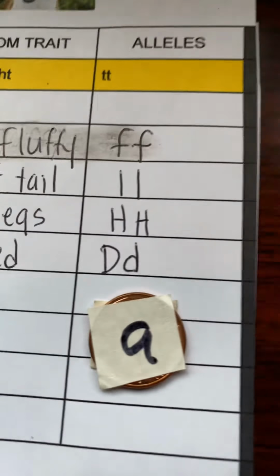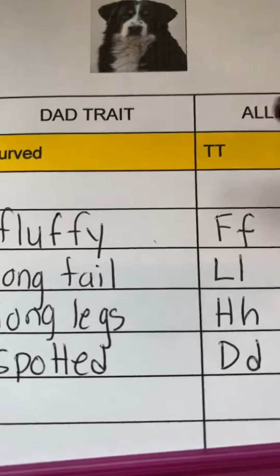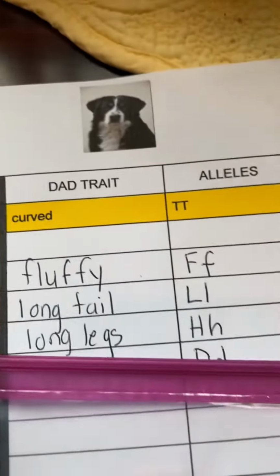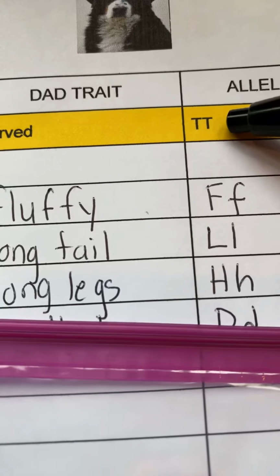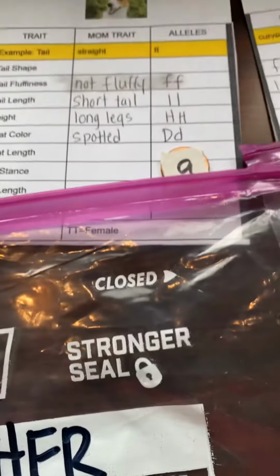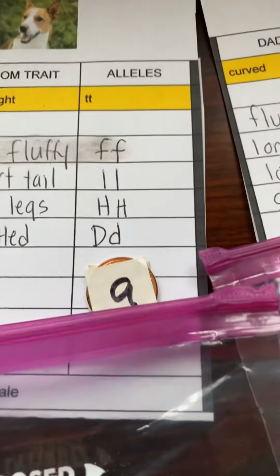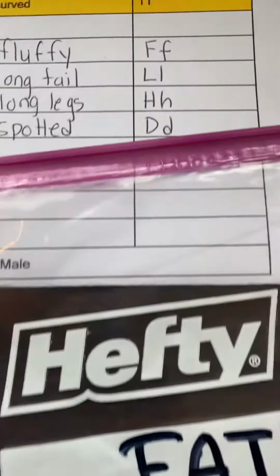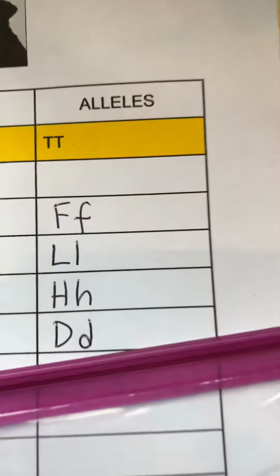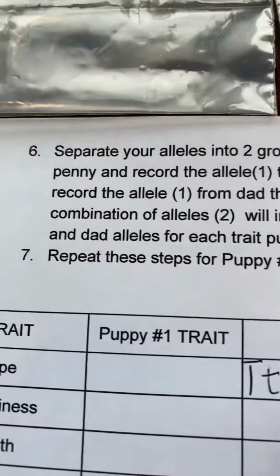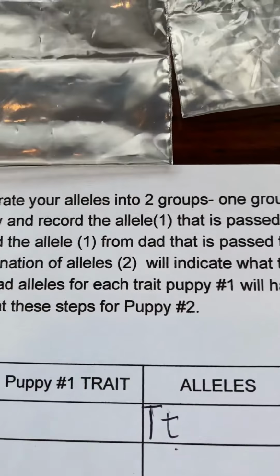So let's see what we have for Dad. Dad has the penny with the two uppercase alleles. So same thing. When I pull that penny out and I flip them over, I'm always going to get a dominant trait. So with that, I'm going to make that first puppy have one allele from mom, which is going to be a lowercase, and one allele from dad, which is going to be the uppercase. And we always write the uppercase first and the lowercase second.